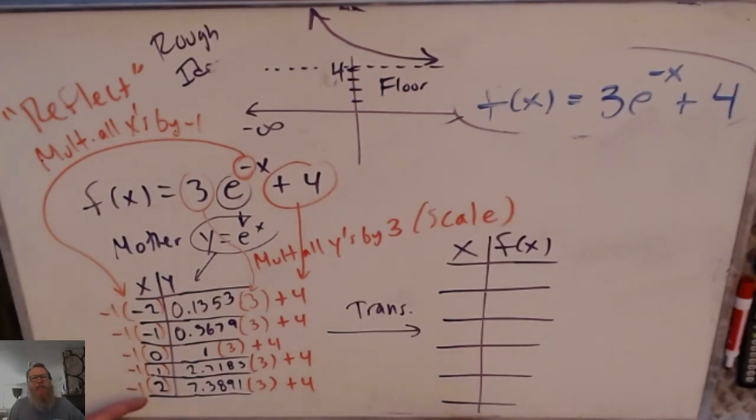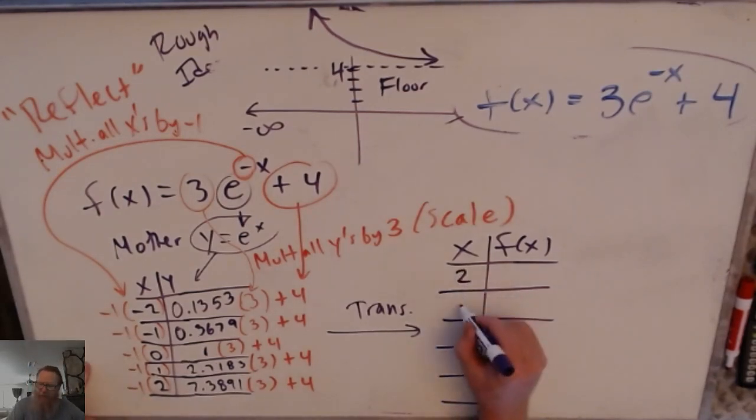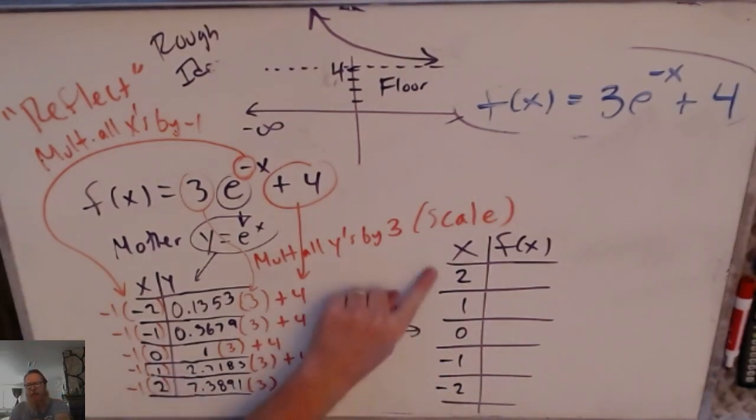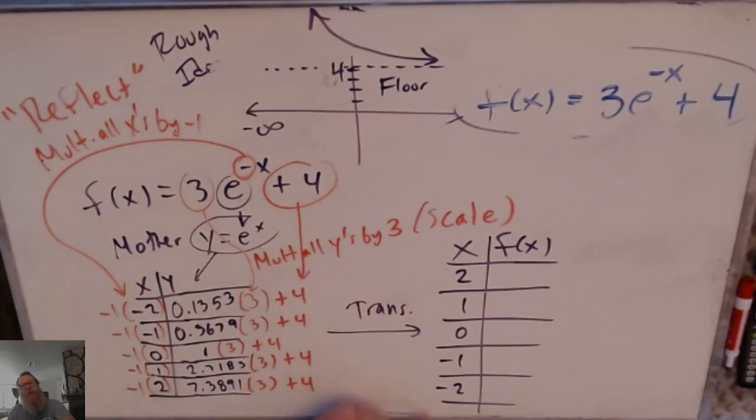Let's do all the x's first, because those are just being multiplied by negative 1. So that flips. All the negative x's become positive, and all the positives become negative. That's going to flip the graph over the y-axis.